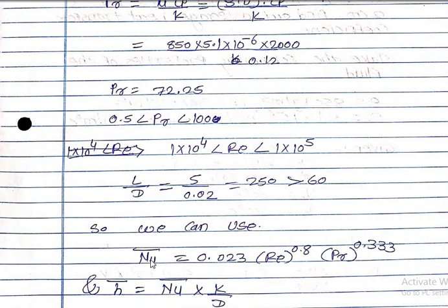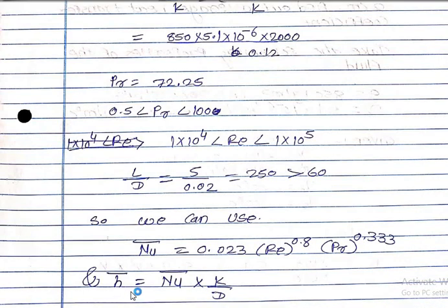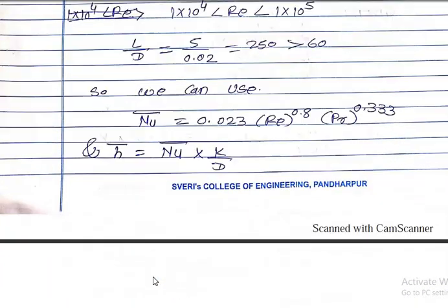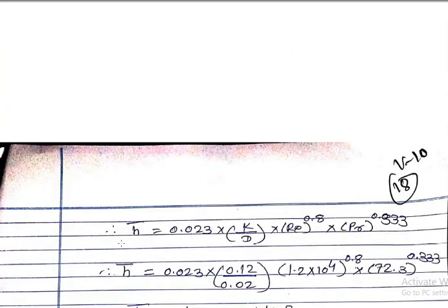We know that the Nusselt number is nothing but hD divided by K, and from that equation we can derive the formula for the average heat transfer coefficient as average Nusselt number multiplied by thermal conductivity divided by diameter of the tube. So we can easily determine H bar as 0.023 multiplied by K divided by D multiplied by Reynolds number raised to 0.8 multiplied by Prandtl number raised to 0.333.